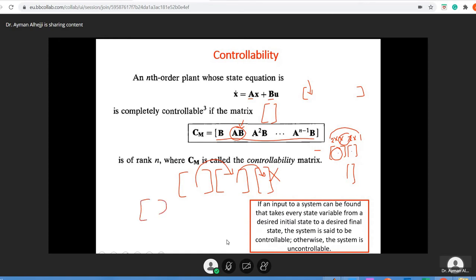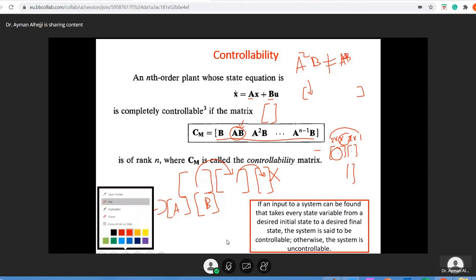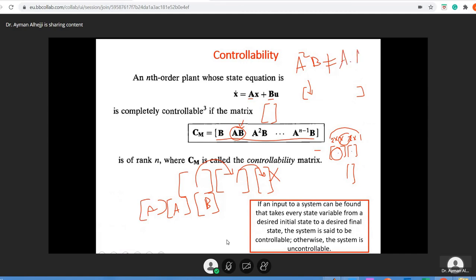So A squared, you need to do A times A, then times B. And then A squared times B does not equal AB times A. Does not equal A times AB. They are not equal.